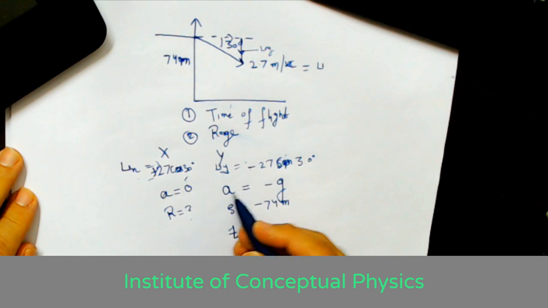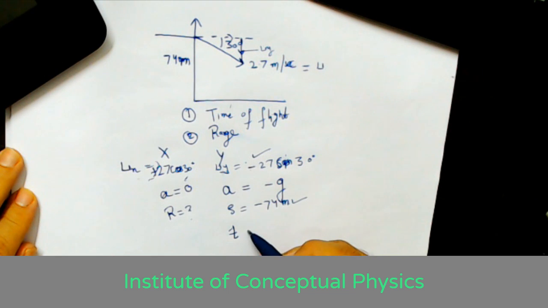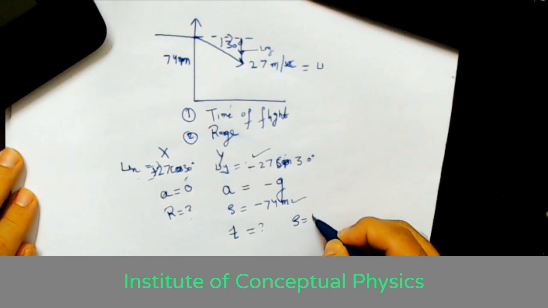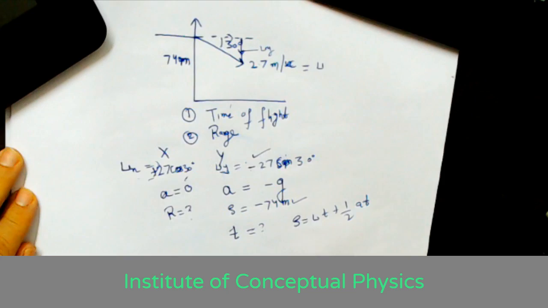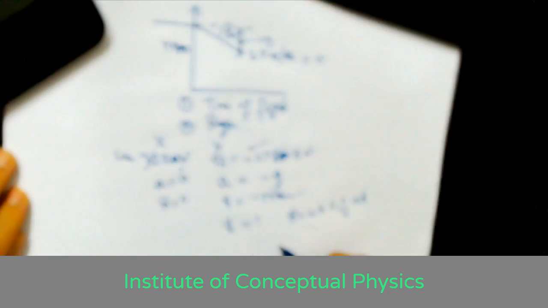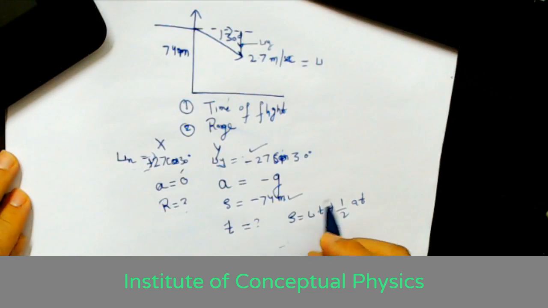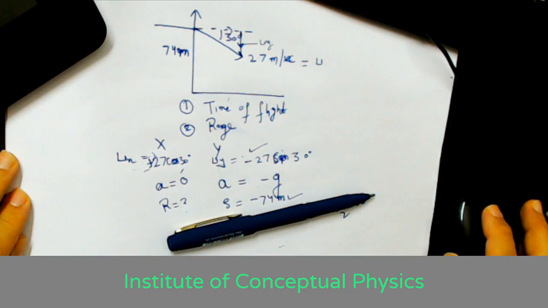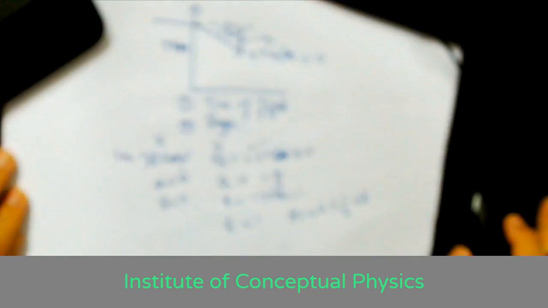So if you know the initial velocity, s, a, and you have to find this, just apply the second equation of motion, which is s is equal to ut plus half at squared. And you have to be very careful when you solve this that you apply the sign convention, which is very, very important in this kind of numerical.